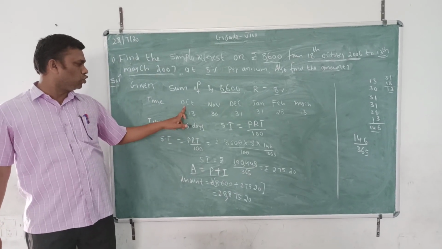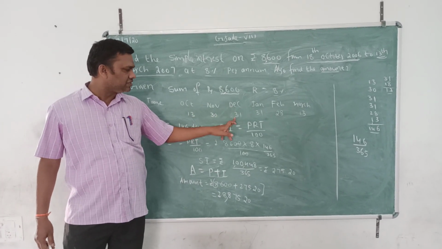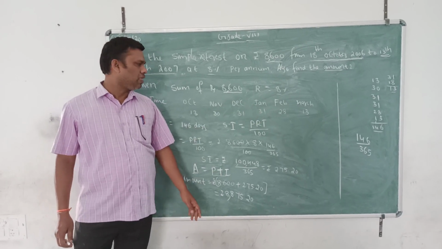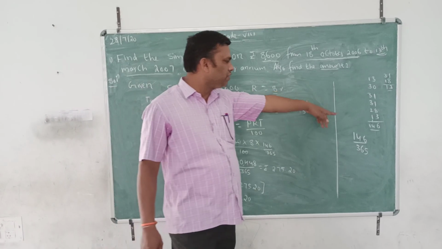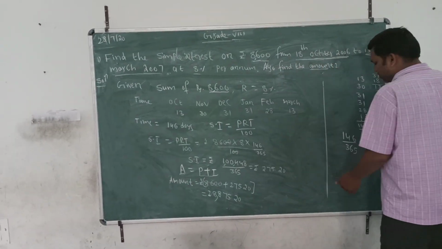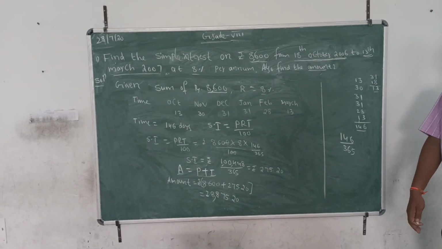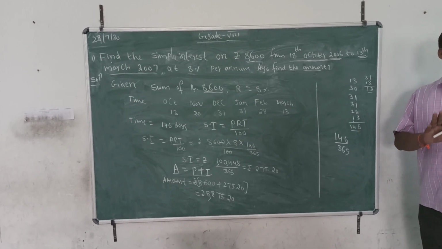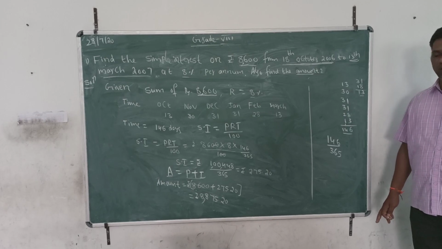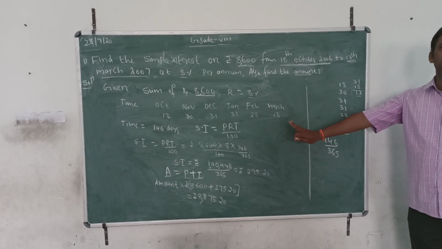October 13 days, November 30 days, December 31 days, January 31 days, February 28, March 30 days. Total number of days is 146. So 146 we convert into year. 1 year contains 365 days. This you have to keep in your mind and remaining everything is the same.